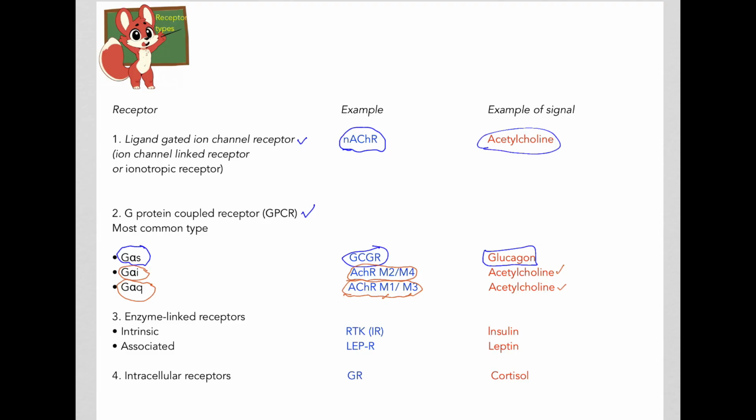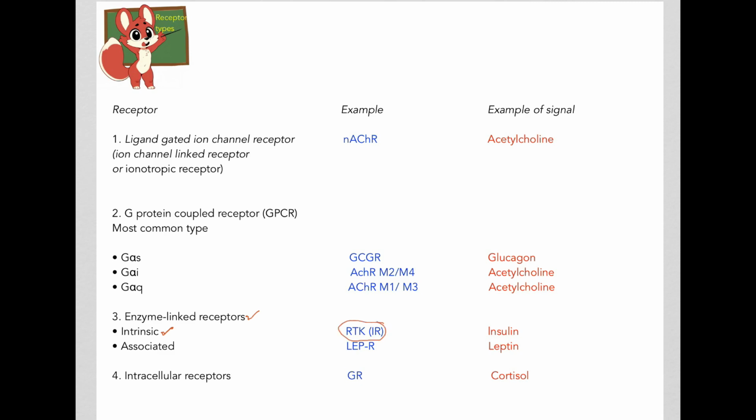The enzyme link receptors, we have one type where the enzyme activity is intrinsic to the receptor. We did talk about this as an example, the RTK receptor, that was the insulin receptor as an example, and insulin there is the signal. And then we talked about the enzyme link receptor in a previous video that has associated enzyme activity.